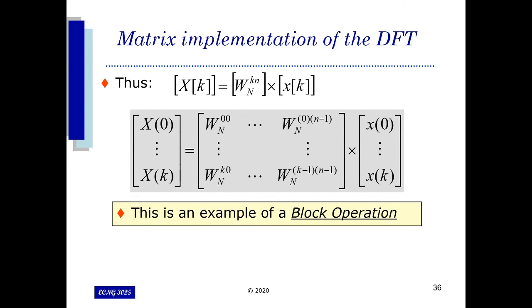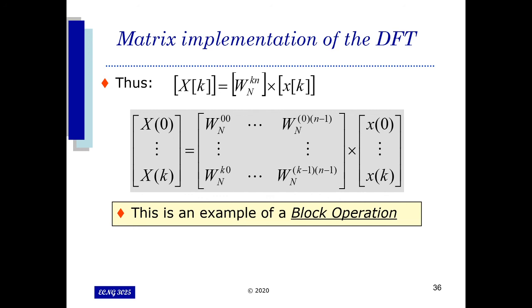Because a matrix goes by row by column, each row by each column can be performed on an independent core. So let's say in this case, because we're in an 8-point DFT and we have 8 cores, each one of those rows can be assigned to each one of those cores, and it can be done in one cycle, instead of doing this sequentially, where you would have to wait 8 cycles.